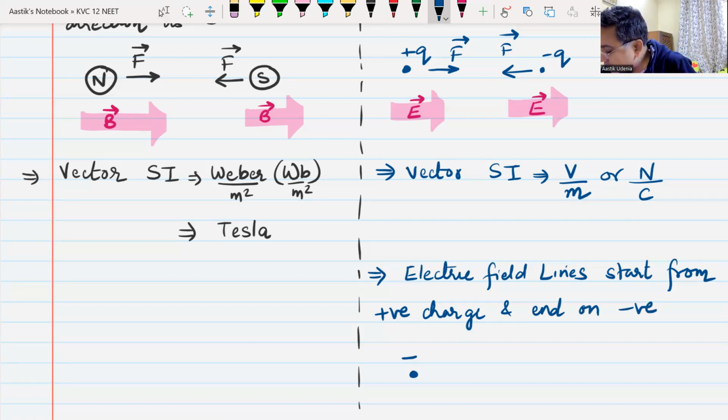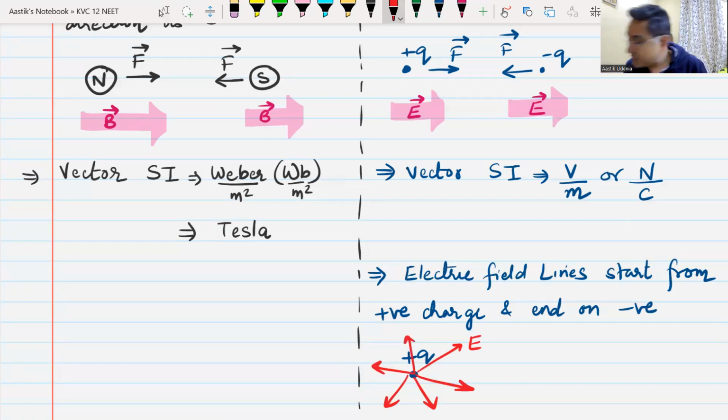If I have a plus Q charge, electric field lines will go like this. It will go away. Do we remember this? Yes or no? Yes, sir. Electric field lines start from a positive charge. If it is a negative charge, electric field lines will come towards the charge. We remember this.